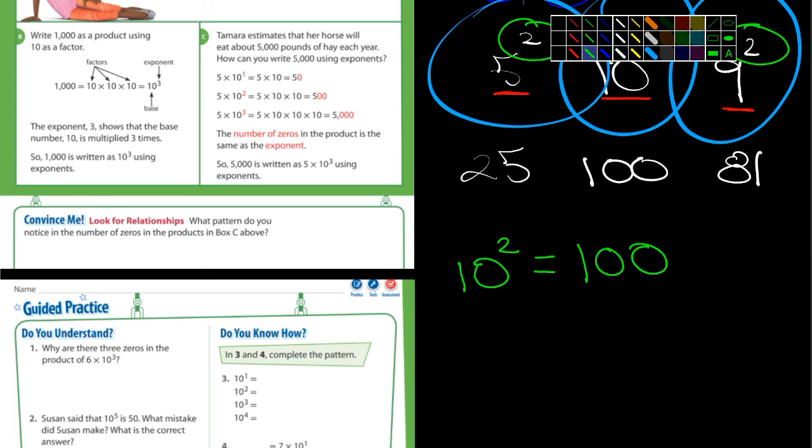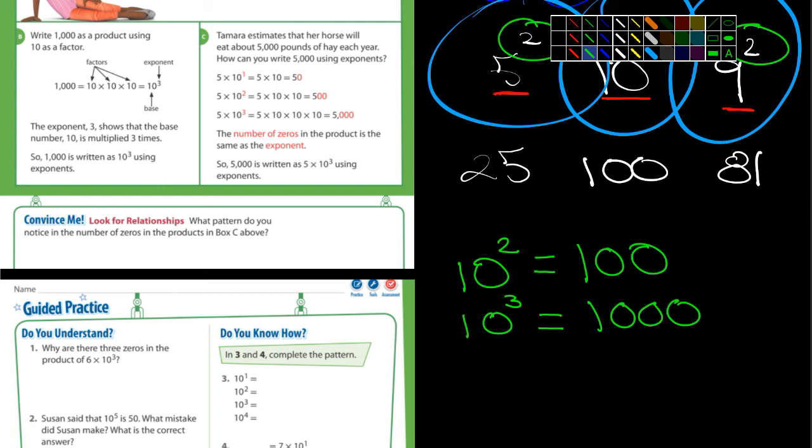Now, I'm going to go a little further, make it a little harder, and I'm going to put 10, and I could say to the third power, but it's also called cubed. That's 10 cubed. And I'm going to tell you what that is. That's 1,000.